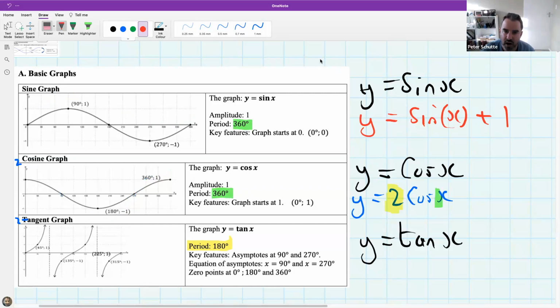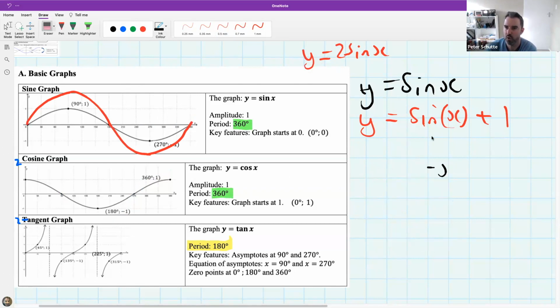So y equals 2 sine x would just look like that. And that is called an amplitude change or amplitude stretch. Okay, so the number in front is that one. So that's something else we need to be aware of as we go forward.